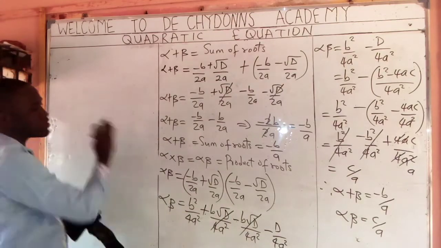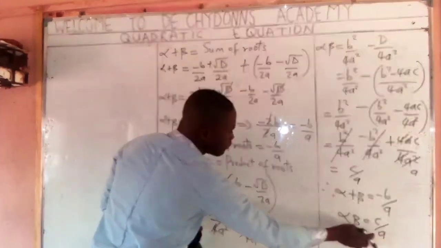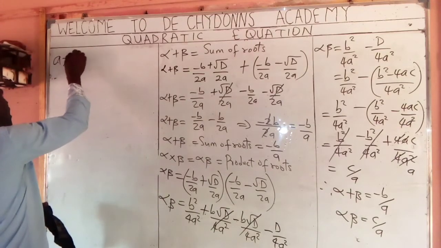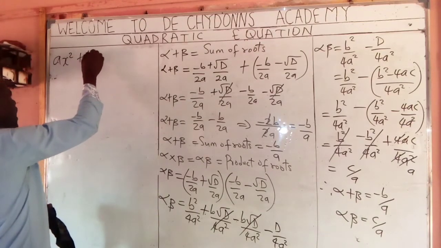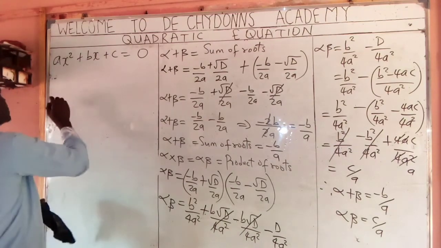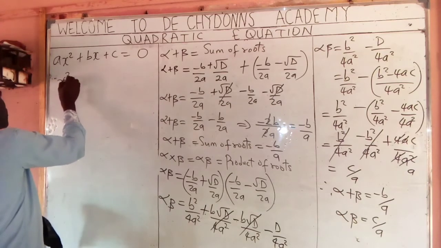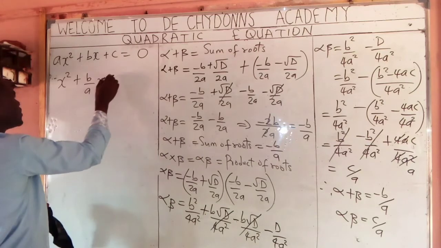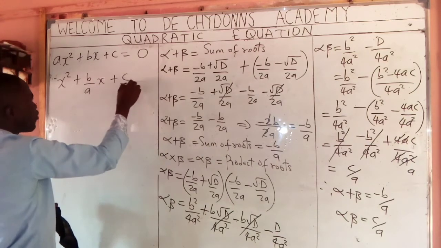We noted that the sum of the roots is this, the product of the roots is this. Do you know that ax squared plus bx plus c equals 0 is equal to x squared plus b over a x plus c over a equals 0?